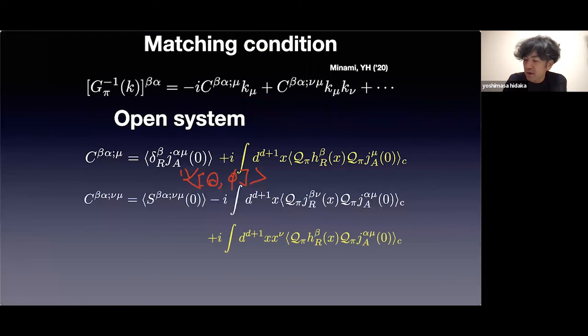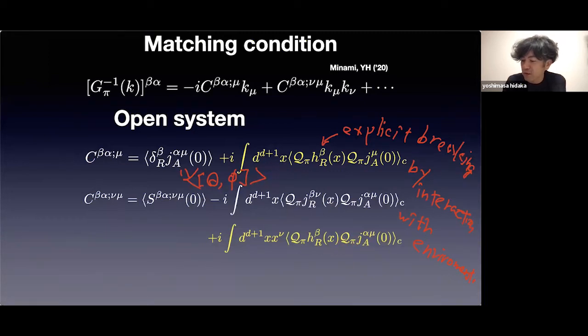So now we extended this notion to the open system. So now we have J, a conserved current, and here is the explicit breaking by the interaction with the environment. So the environment plays a role of the explicit breaking term that modifies these coefficients.